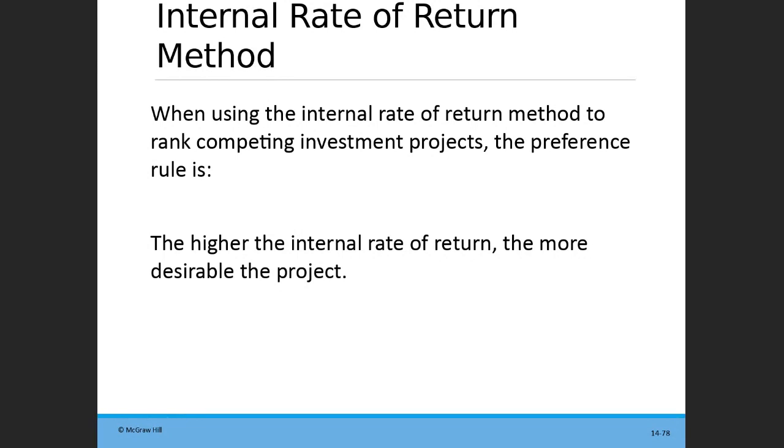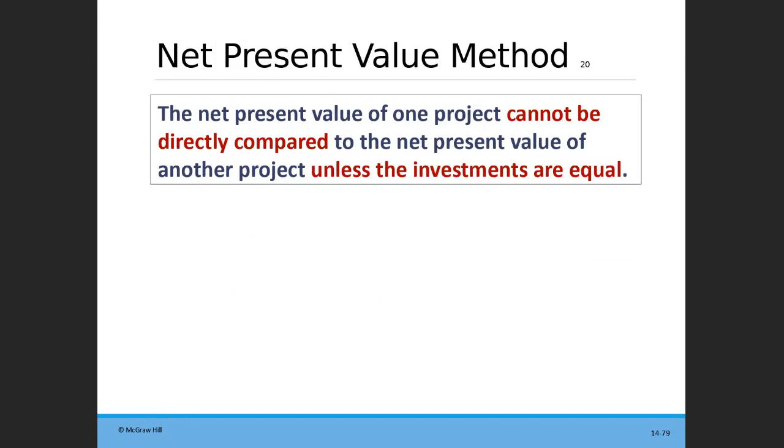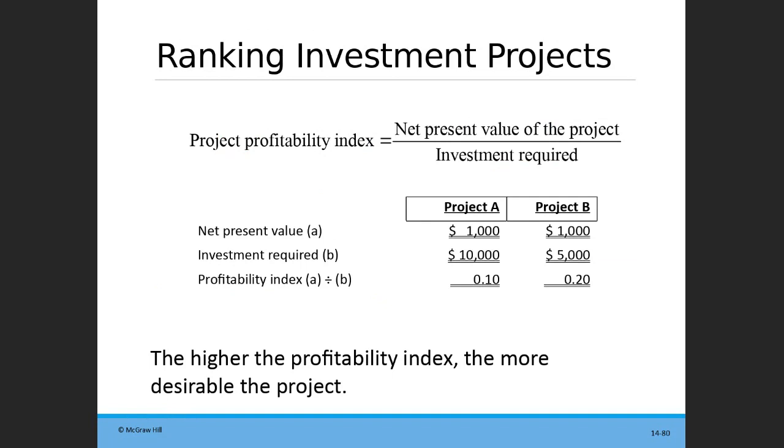So the higher the internal rate of return, the more desirable the project, right? We get that. Net present value is hard to compare unless the investments are equal. All right, so how do we do this? We can use net present value divided by the investment.